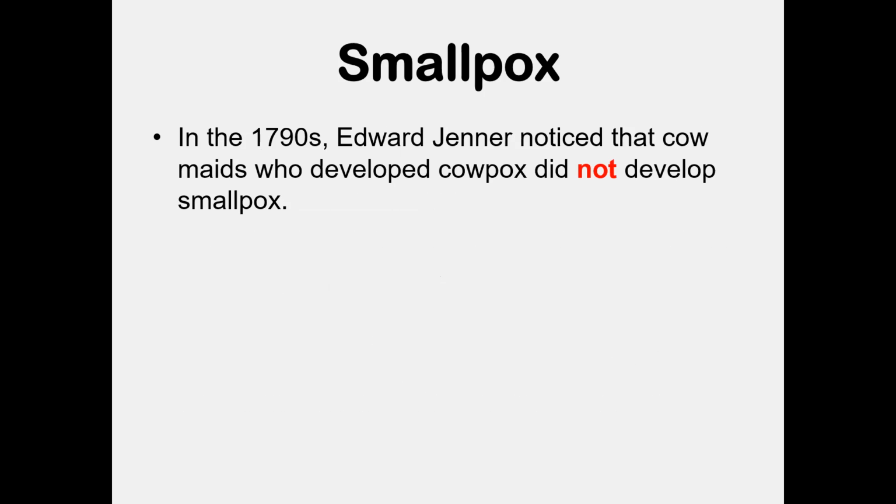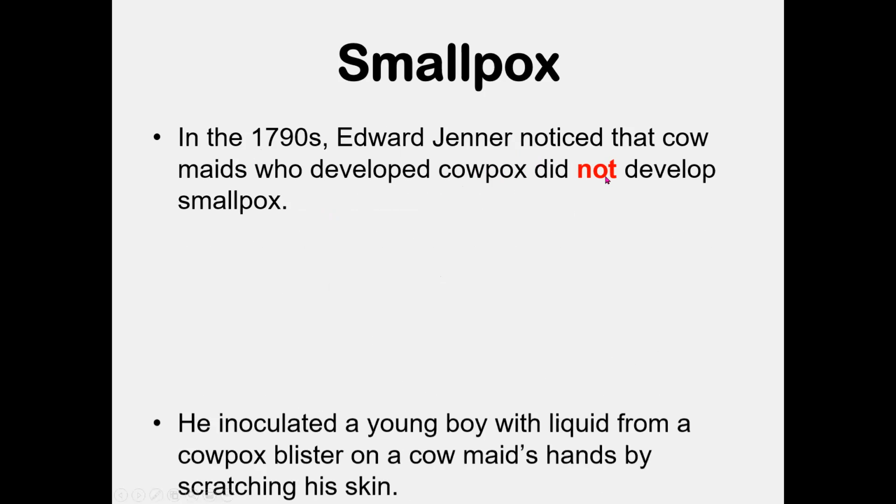And this was made famous in the 1790s by an English doctor, Edward Jenner, who noticed that cow maids, the young women who milked the cows, developed cowpox, which is similar to smallpox, but they did not develop the smallpox.